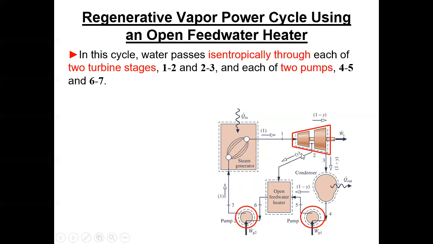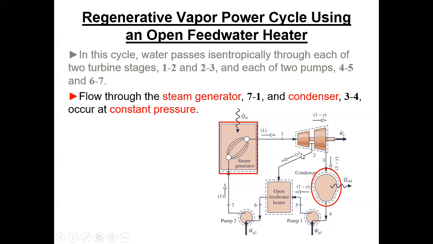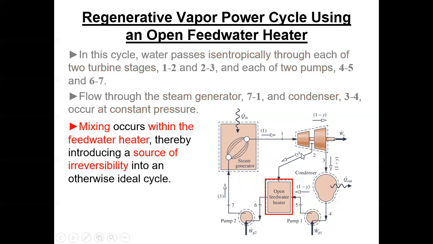But at this point, we're showing that. Flow through the steam generator and condenser occurs at constant pressure. We know that. Mixing occurs within the Feedwater heater. So that's another source of irreversibility, right? Once you mix them together, you can't get them to automatically separate. So that's irreversible.